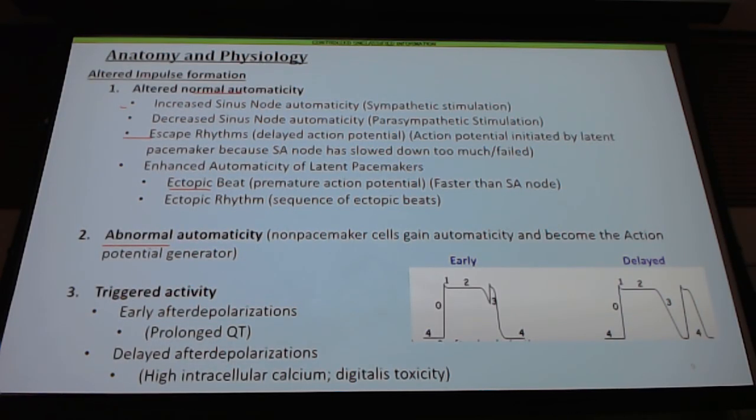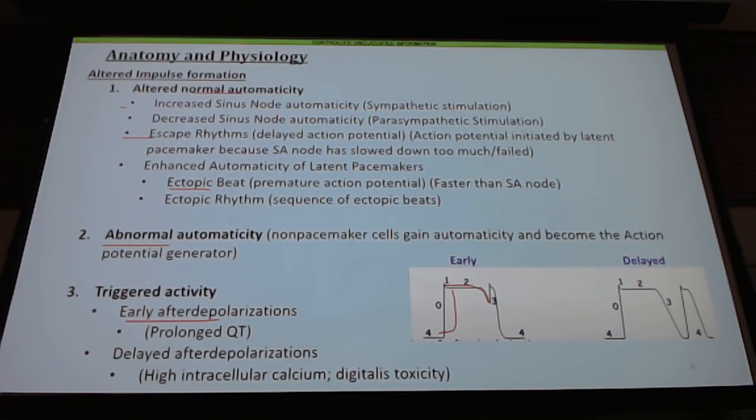And then there are these triggered activities, which are kind of confusing sometimes, but basically you have early afterdepolarizations, which is the situation where you have an action potential that goes down, you get the depolarizing event, and then it starts to repolarize, but not all of the cells have repolarized. But because you have some cells that have repolarized, if another action potential were to generate, say like in AFib, it could trigger a depolarizing event to occur in just those cells that have repolarized.